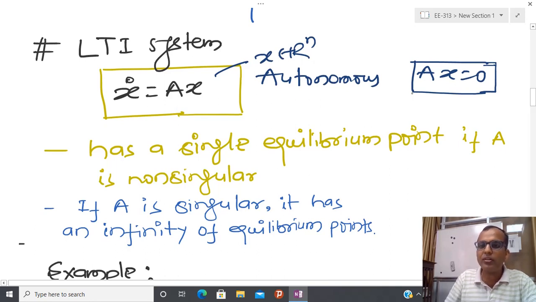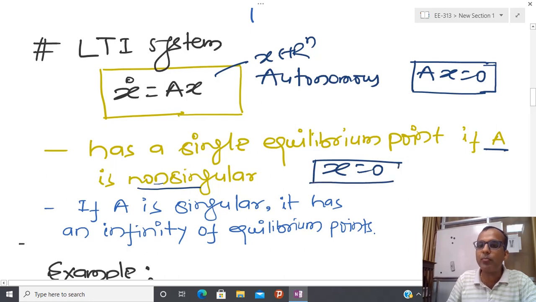So now if I am able to solve this equation, then I can comment about the equilibrium point. And you can see that if this matrix A is non-singular, then I have a single solution, and that is x equal to 0. So I have a unique solution provided A is non-singular.